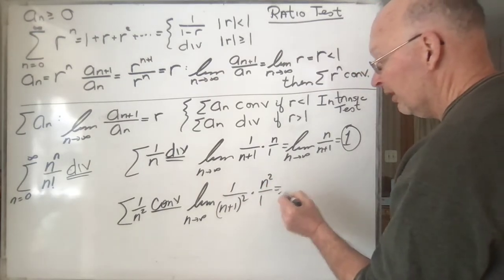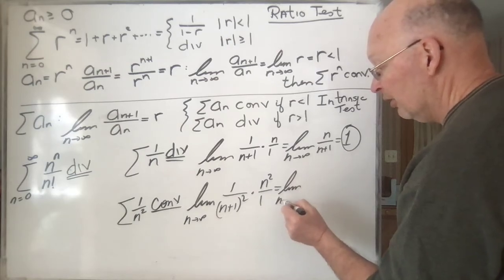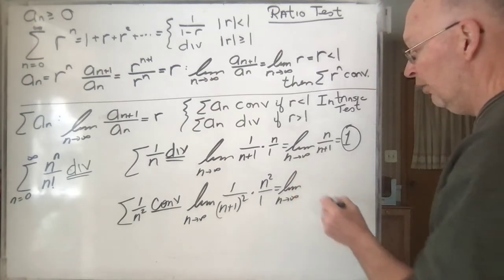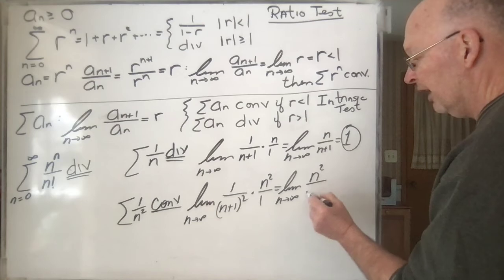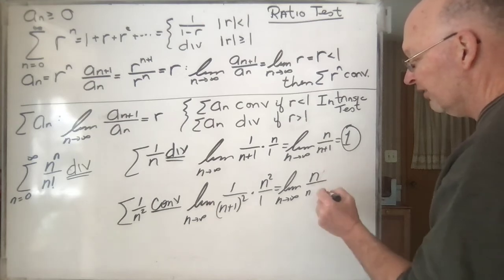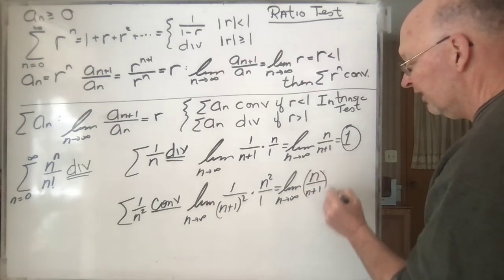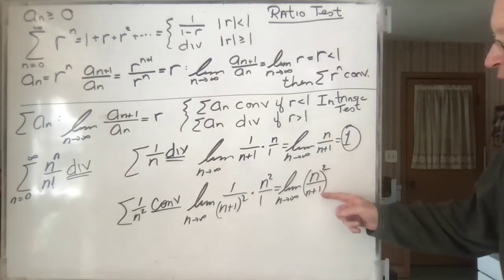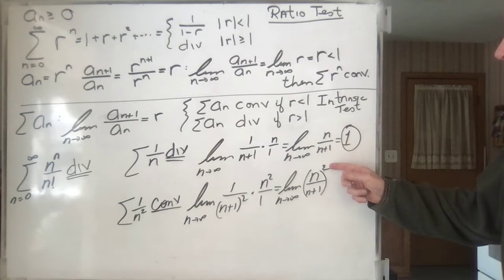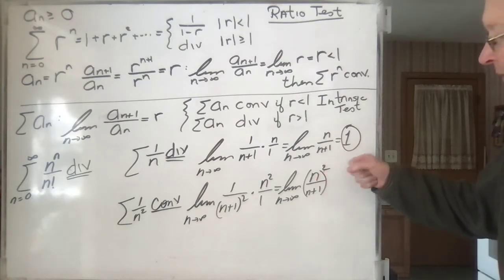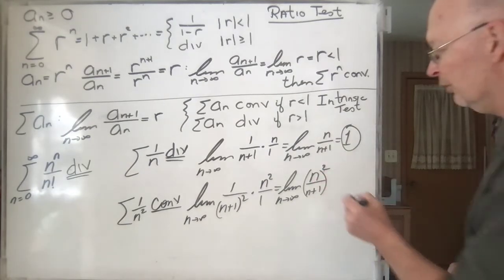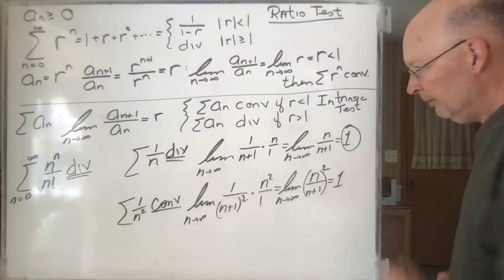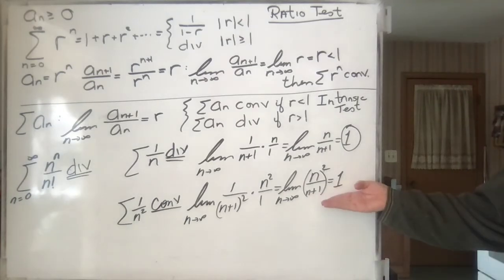And that's going to be the limit as n goes to infinity of n squared over n plus 1 squared, or I can write it as n over n plus 1 quantity squared. And now it's the same sort of thing we had before, but now this inside goes to 1, and you've got a fixed number there. So that's not going to fight with this one. It just has no choice but to go to 1. So what's our conclusion?